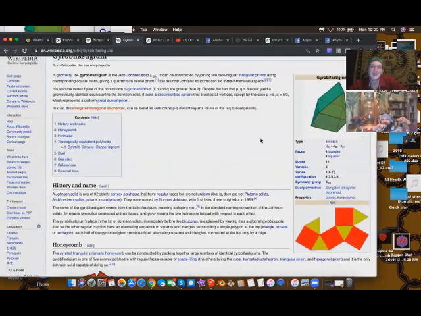Johnson solids are solids that are composed out of regular polygons, and they're kind of different than, like, altered Archimedean solids, or altered Platonic solids.